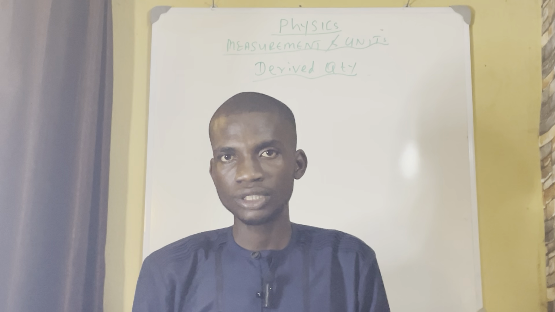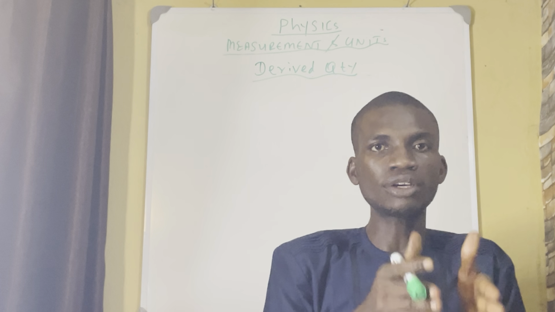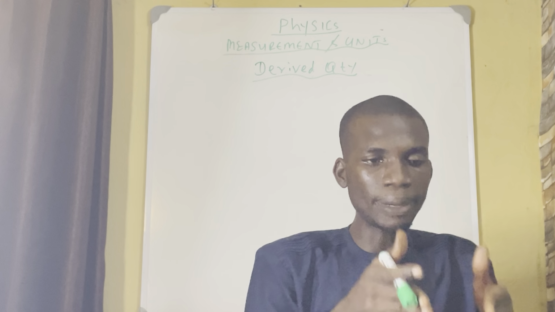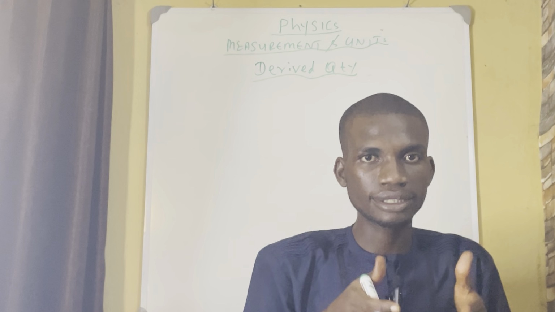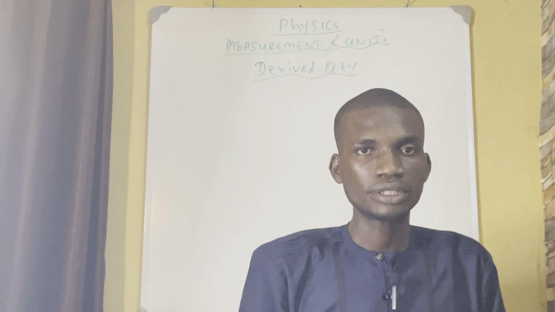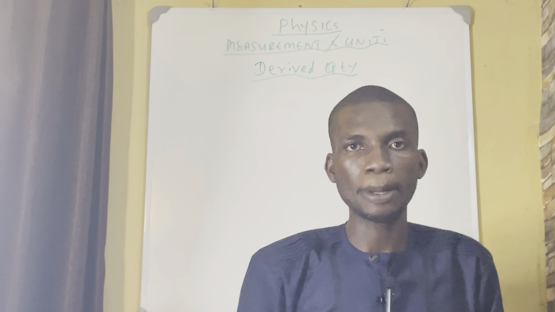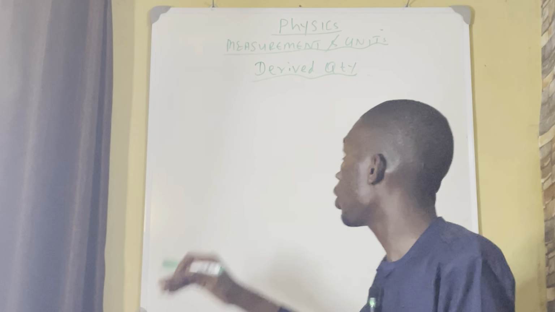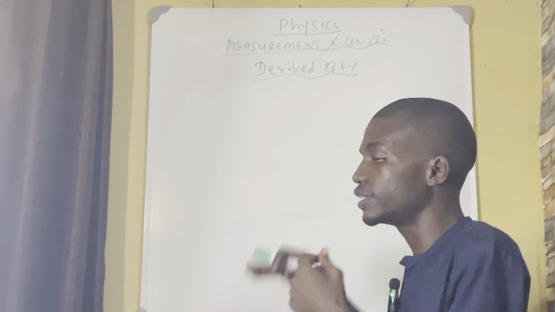Do you understand? So velocity cannot stand on its own, unlike mass, length, time. Because for mass, length, time, there is nothing like a formula. So those that have a formula are called derived quantities.